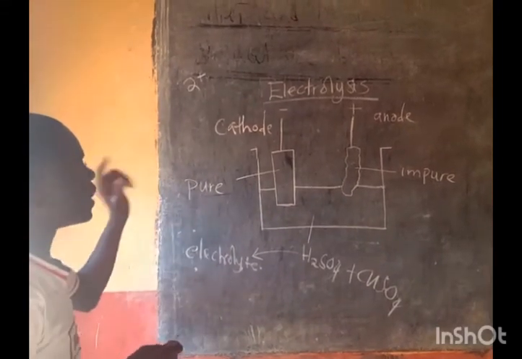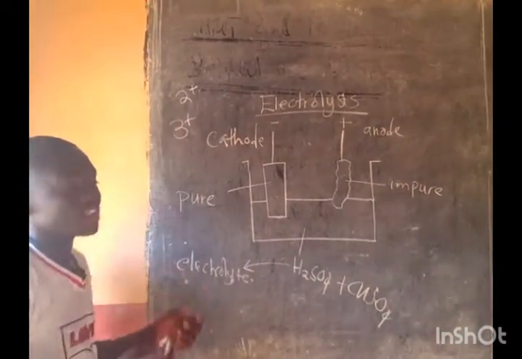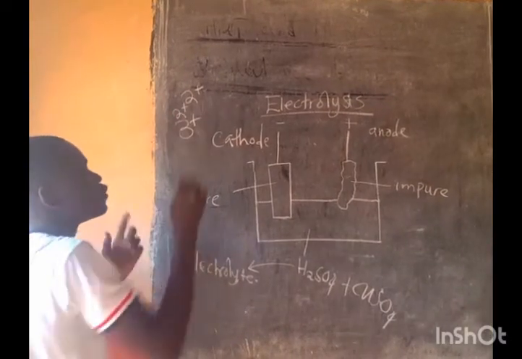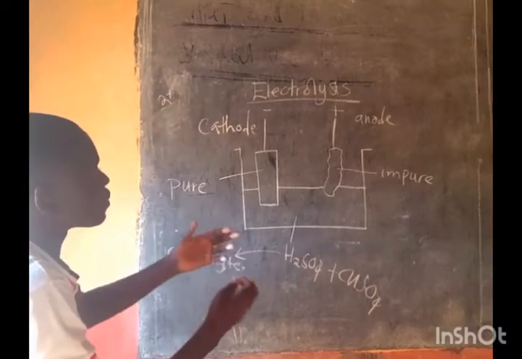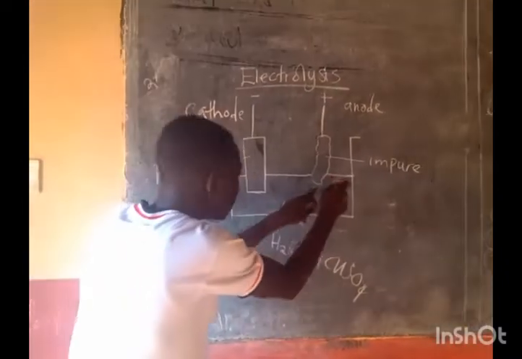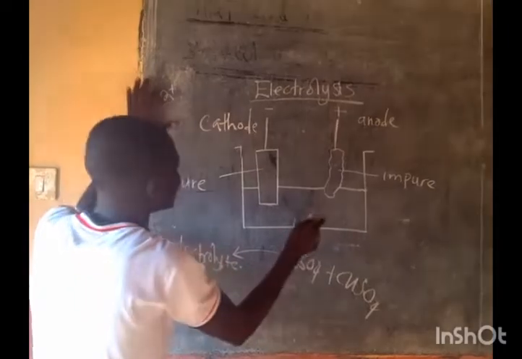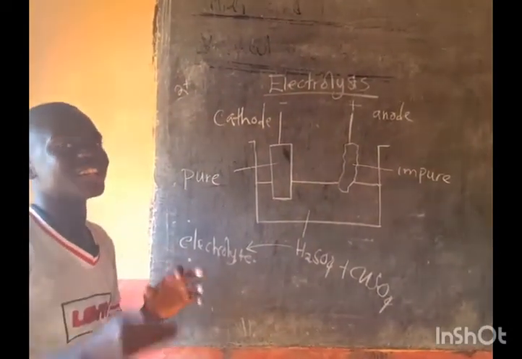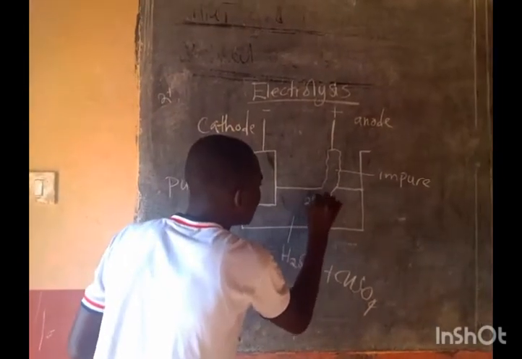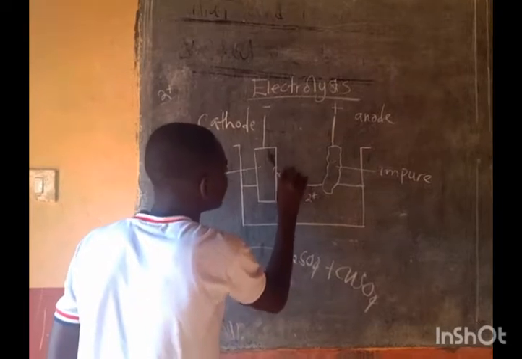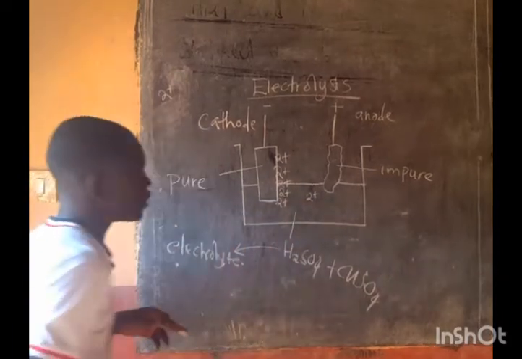Those variable valences simply mean it can be positive 3, and it can also be positive 2. The most basic ion is positive 2. So the ions will be moving from the impure copper going to the pure copper. As they move from the positive to the negative, you learned that negative and positive attract.